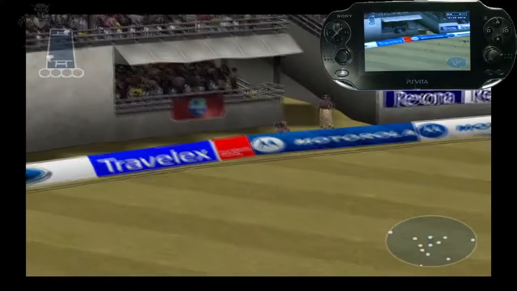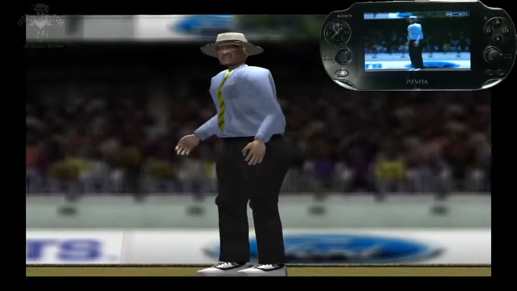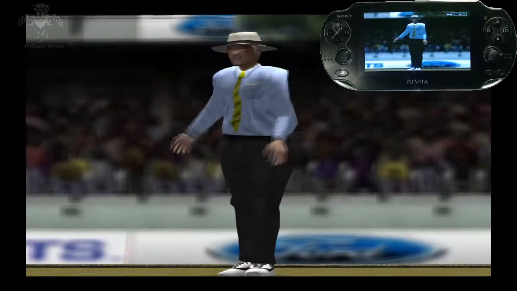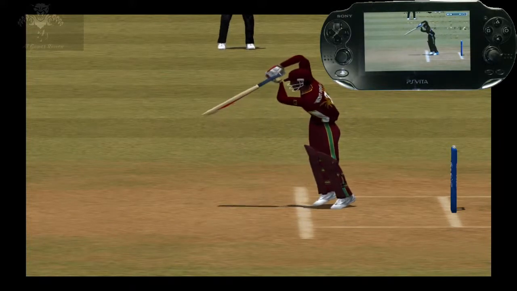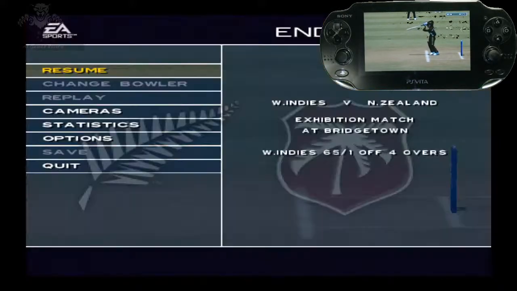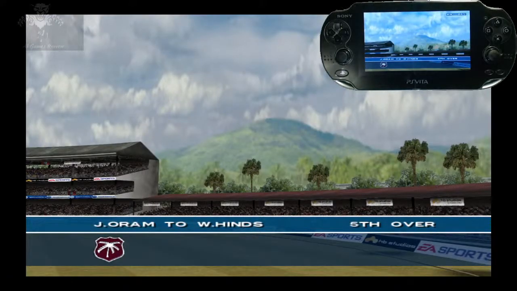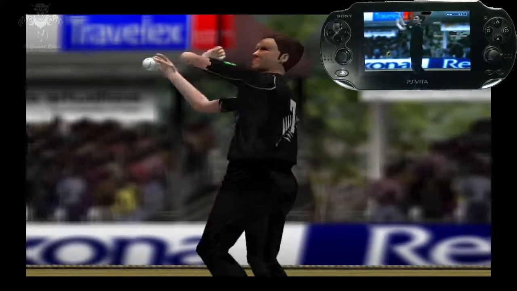Tuffy is not impressed. He should be looking to bowl a tighter line at this stage. 22 runs were picked up from that over by Lara. New Zealand need to keep it tighter than that. New Zealand about to make a change in the bowling.